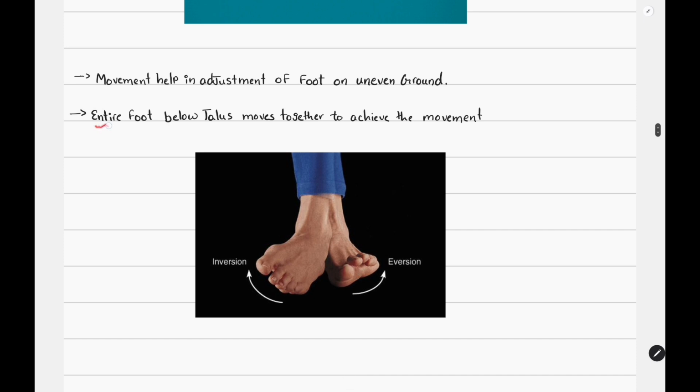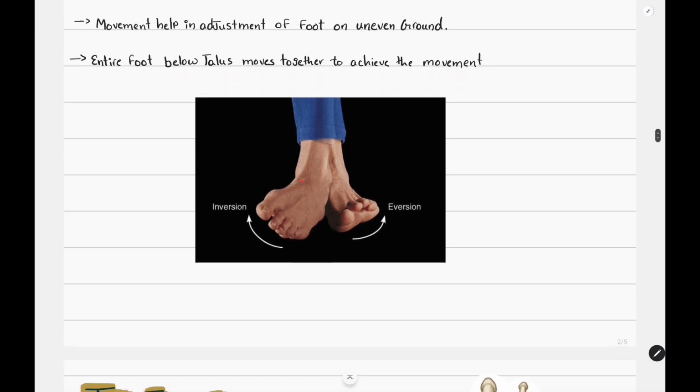In inversion and eversion, the entire foot below the talus bone moves together to achieve this movement. We will shortly cover this point. So this is inversion, the medial facing of the sole, and eversion is the lateral facing of the sole.